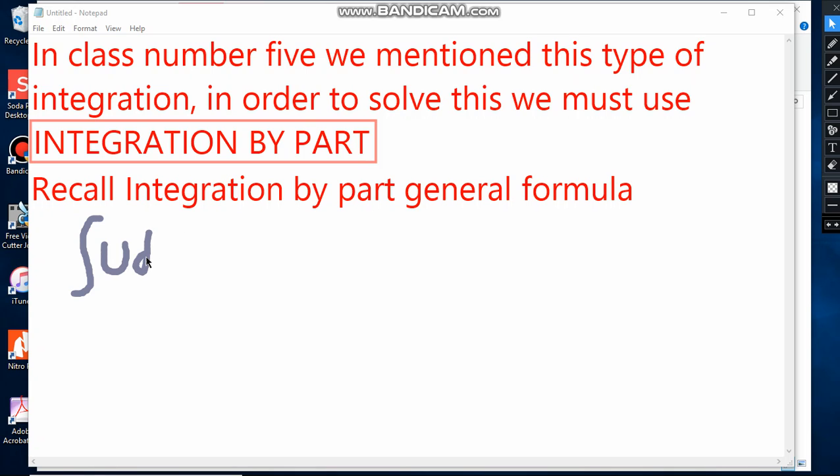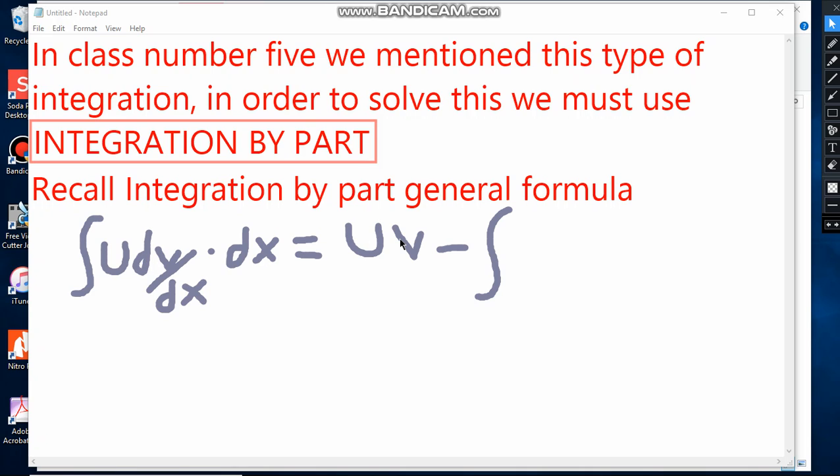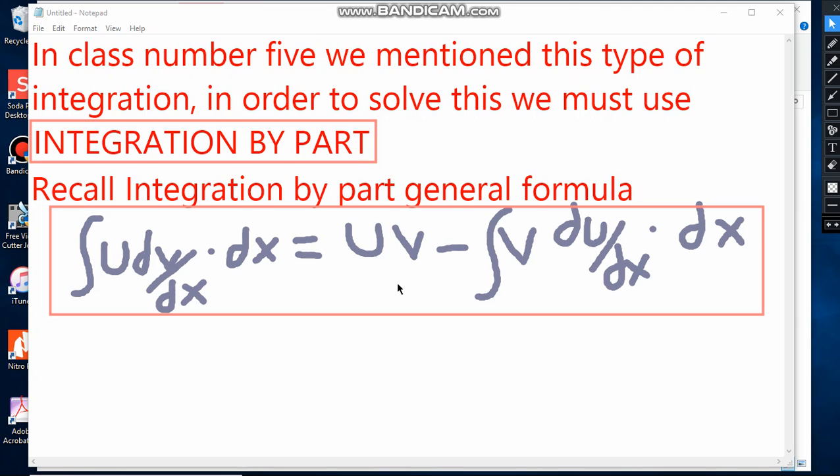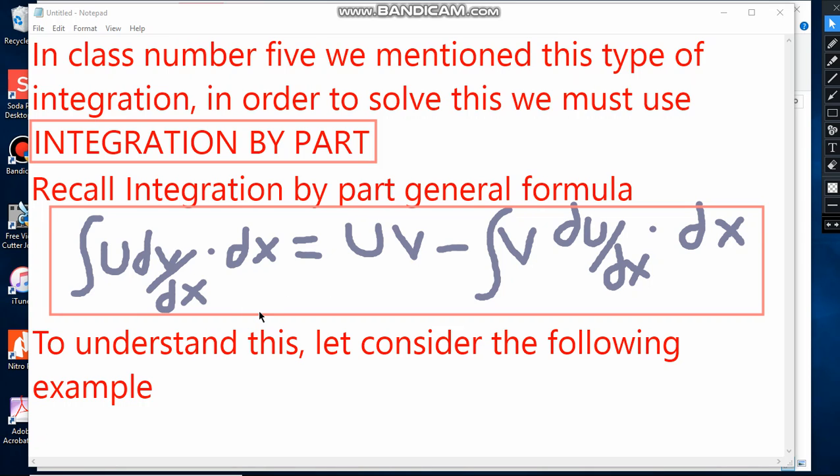The integral of u dv/dx dx is equal to u times v minus the integral of v du/dx dx. This is the general formula of integration by parts.